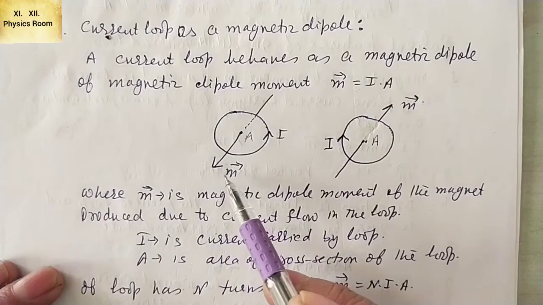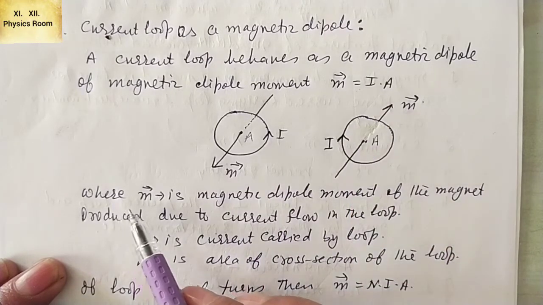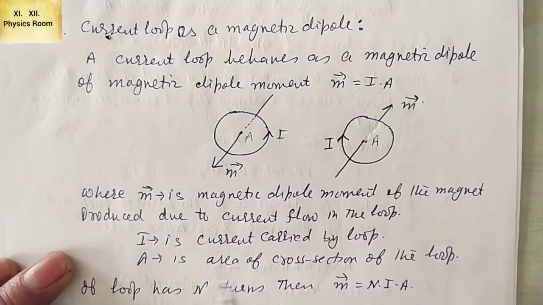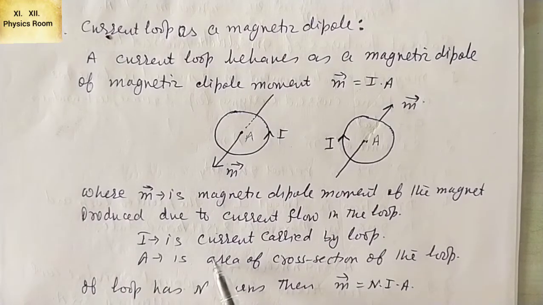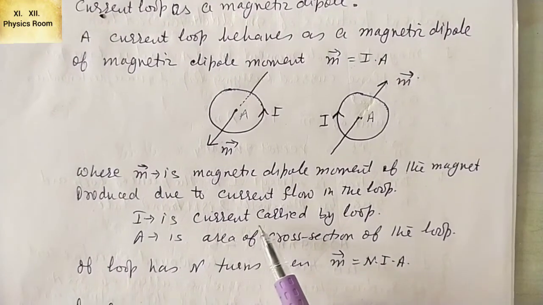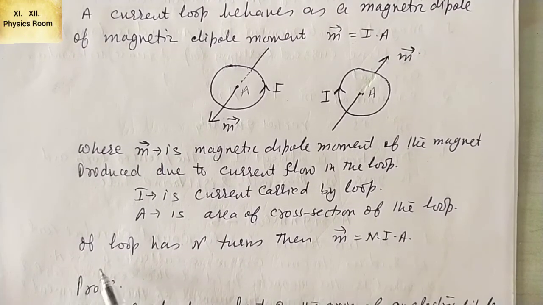M is the magnetic dipole moment of the magnet produced due to current flow in the loop. If the loop has n turns, then M will be equal to n into I into A.